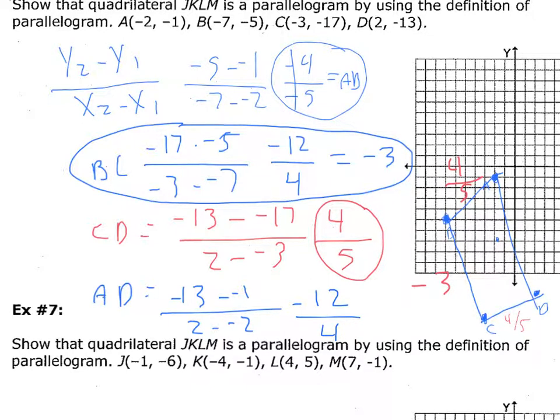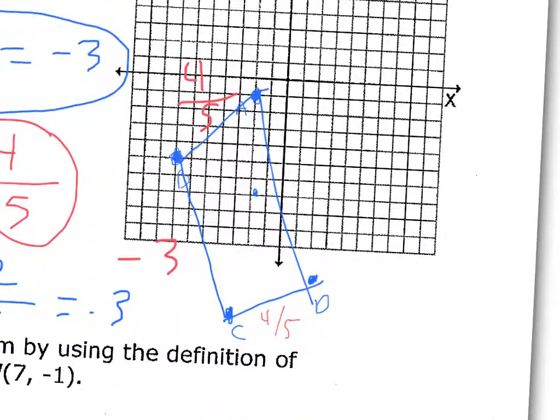Negative 12 divided by 4 gives us a slope of negative 3.